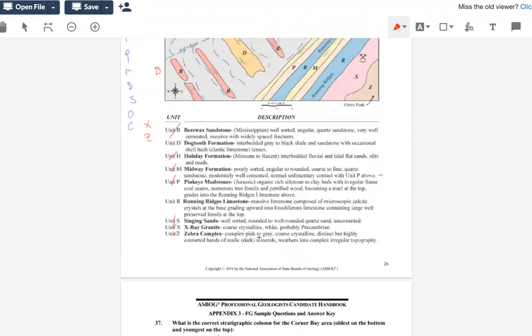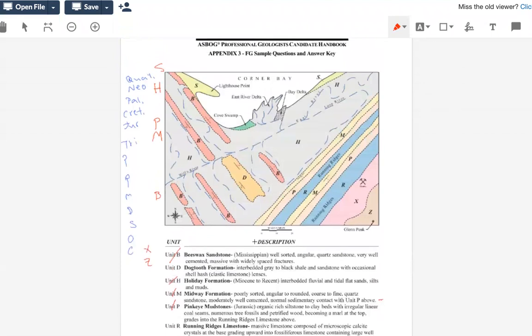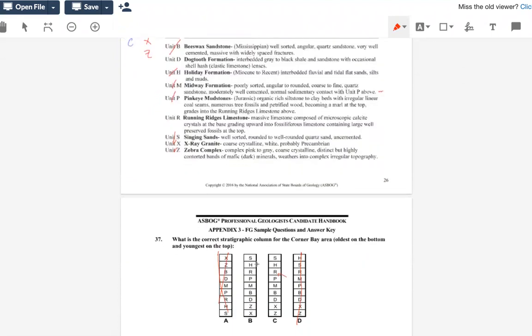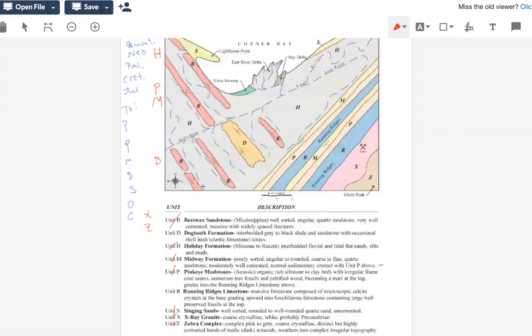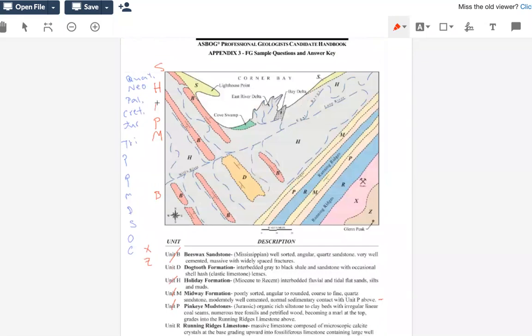SH, PM, SH, PM. Okay, so they place PM close together on both of these, so that's not helpful. They place R in both places, so I guess R goes there.